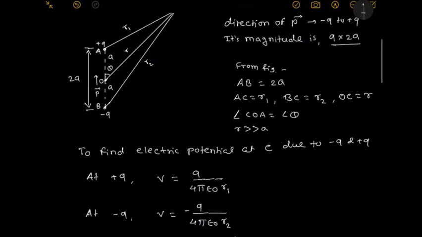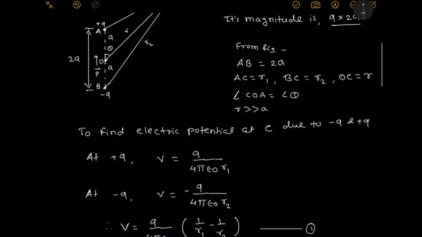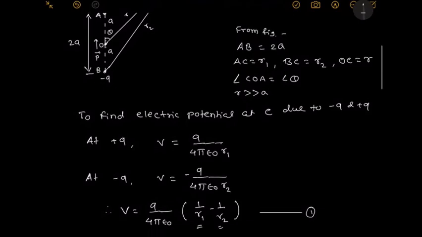Similarly, due to minus q charge, the electric potential at C is V equals minus q divided by 4 pi epsilon 0 into R2. Therefore, the electric potential due to the electric dipole at point C becomes the sum of the two terms. V equals q divided by 4 pi epsilon 0, taking common inside the bracket, 1 by R1 minus 1 by R2. Say equation 1.